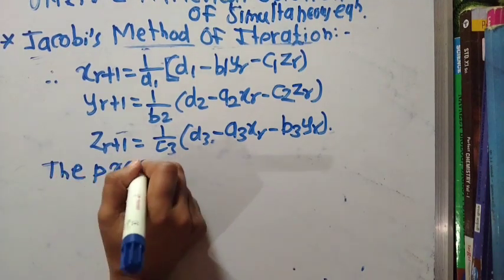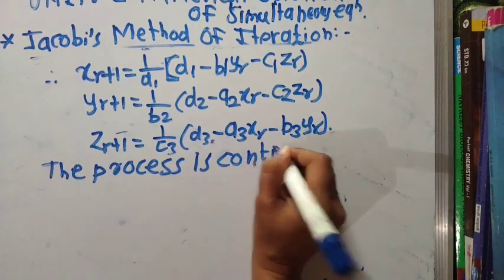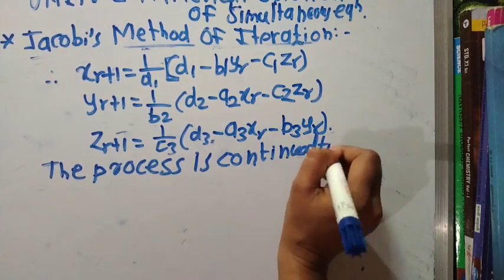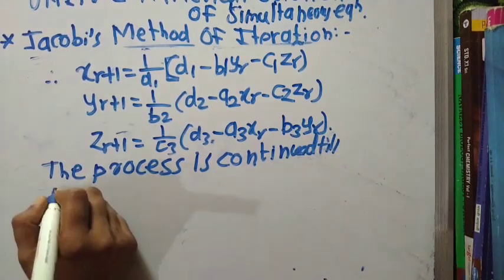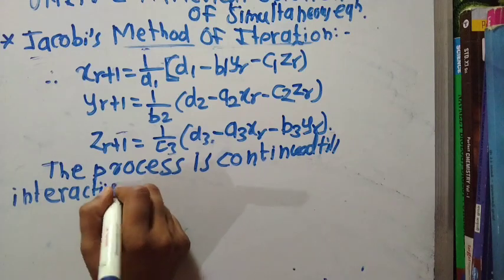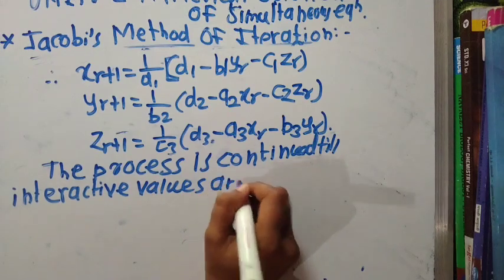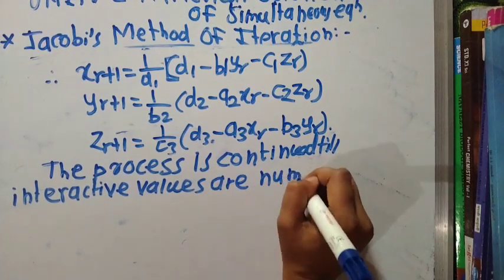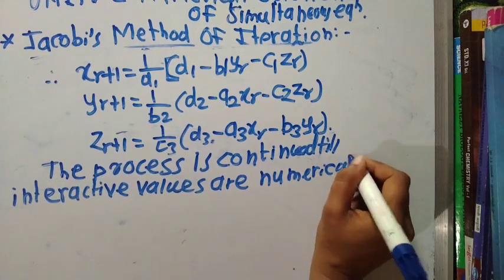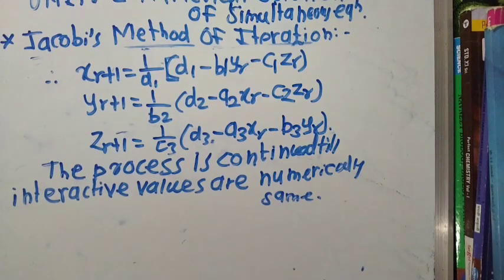The process is continued till the iterative values are numerically same. These are the Gauss-Jacobi method or Jacobi iteration method.